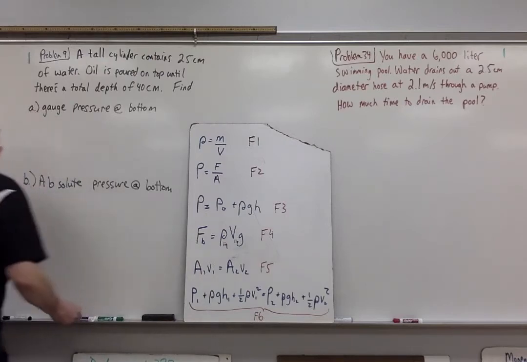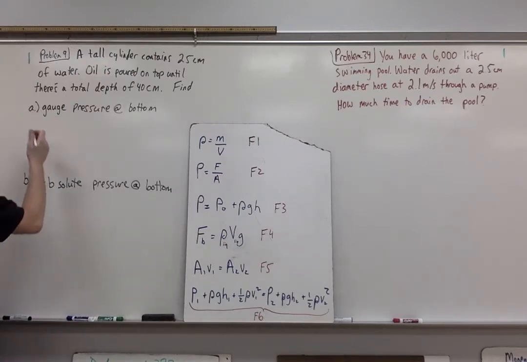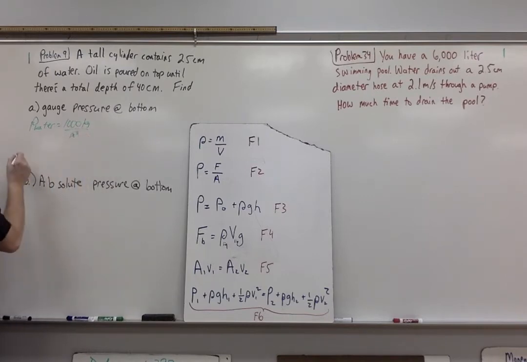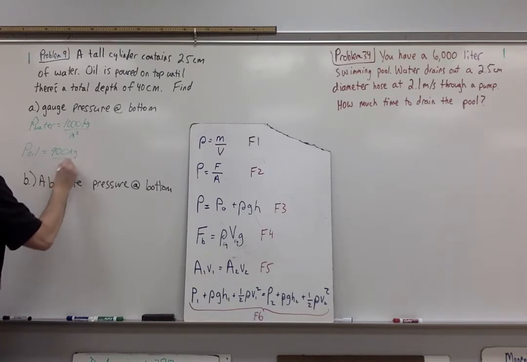So, density of water, and this is something given in your textbook, is 1,000 kilograms per cubic meter, and the density for oil, there are many different types of oil, so I think this is just an average, 900 kilograms per cubic meter. So hopefully it makes sense that the oil floats on the water because the oil is less dense than the water.